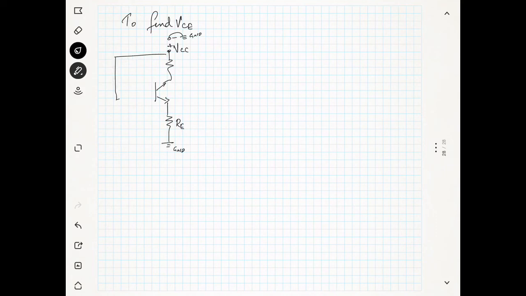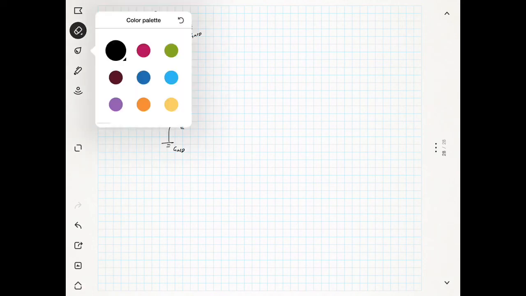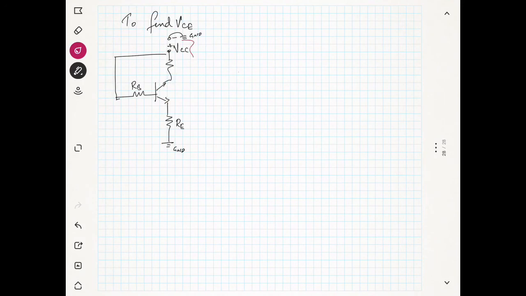Now we have RB here. Now we will take a loop here at the output side. This is VCE. This is the loop. The loop starts from the ground and it is going to ground. So we will write the Kirchhoff law here.